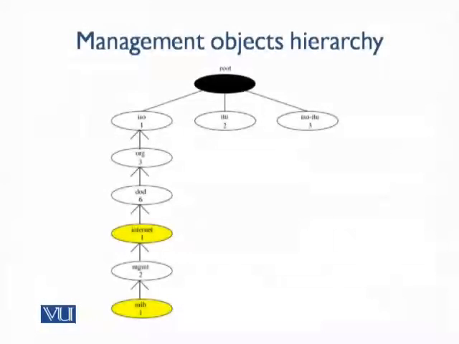The way IETF has organized this is in the form of a tree, and at the root of the tree you have a node which we would call root, and everything follows from that.